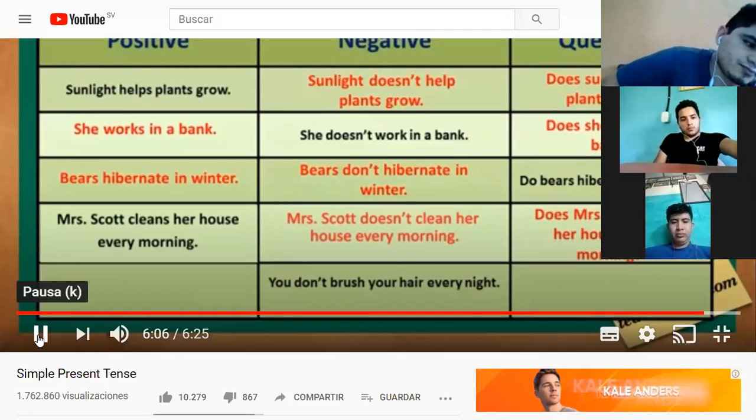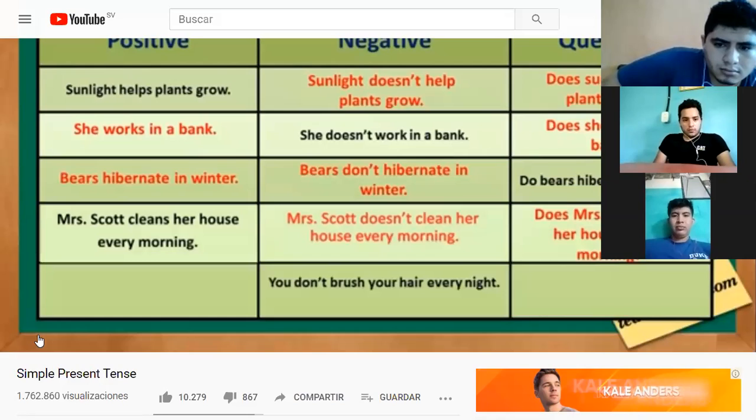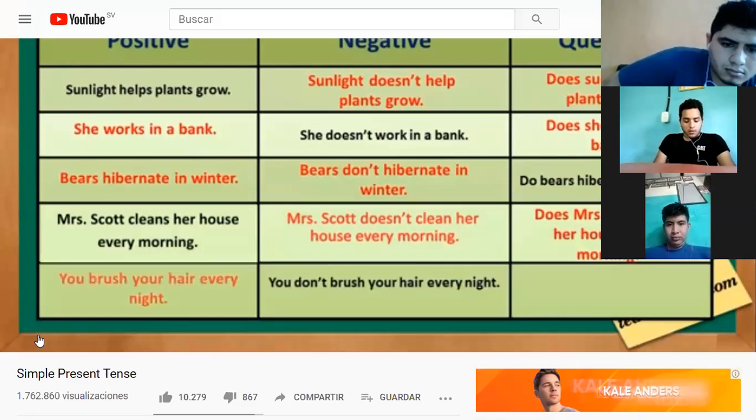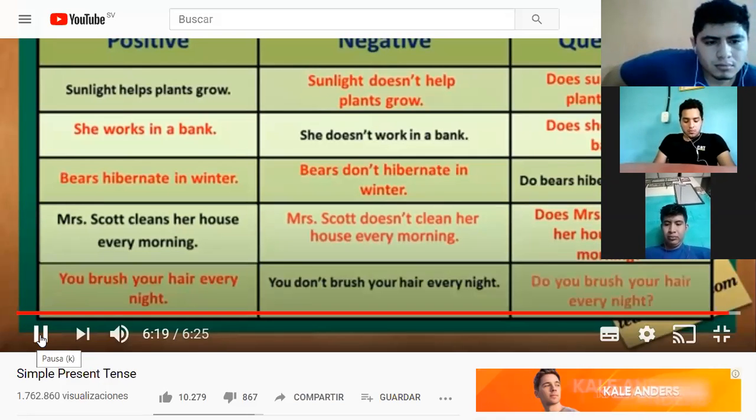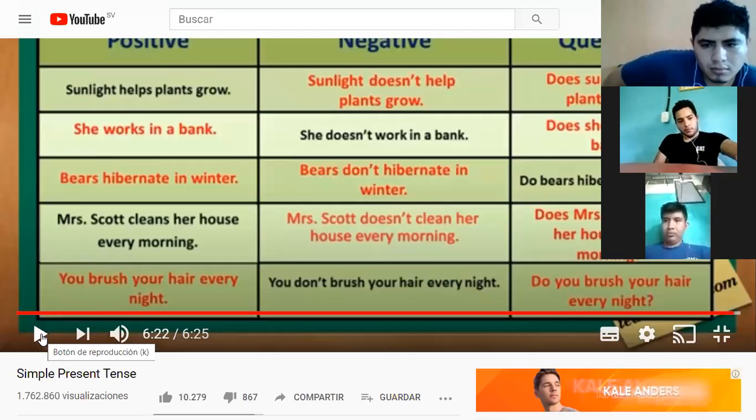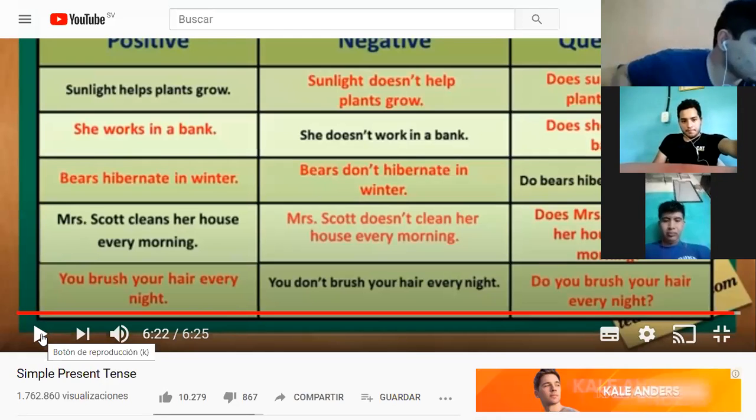And the last one, you don't brush your hair every night. The positive statement should be, you brush your hair every night. And the question should be, do you brush your hair every night? Okay, what about the last one, guys? Why? What happened?